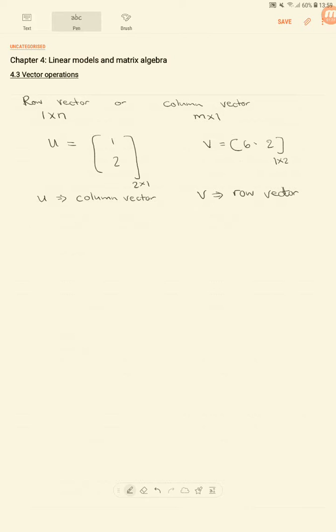Vector multiplication is a special case because it can lead to one of two things. It can either lead to an m by n matrix, or it will lead to a scalar.